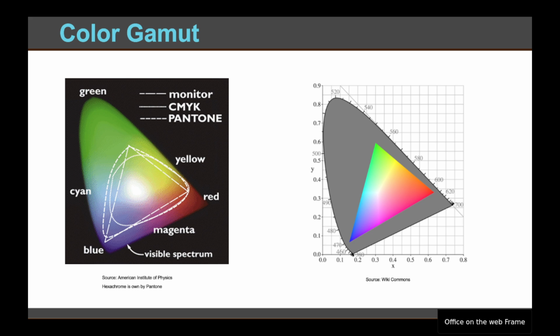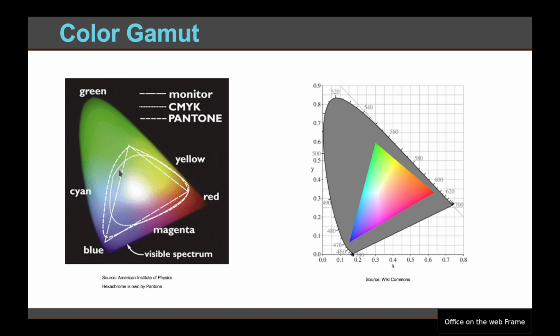So we have evolved a lot of perceptual capabilities to see green in various shades of green. We're really good at green. We're not so good at red and blue. So you can see how much space we have in green and how little we have in red and blue.